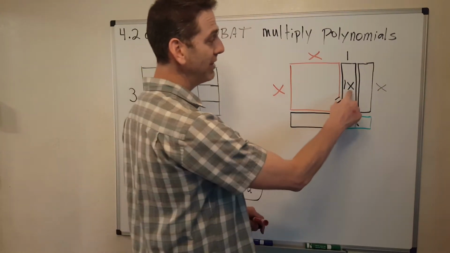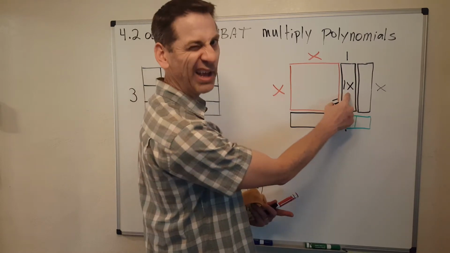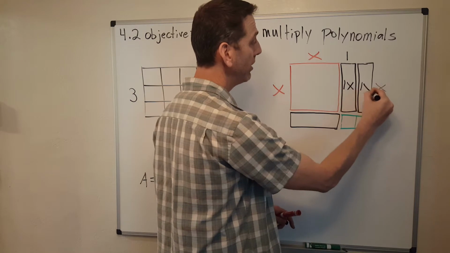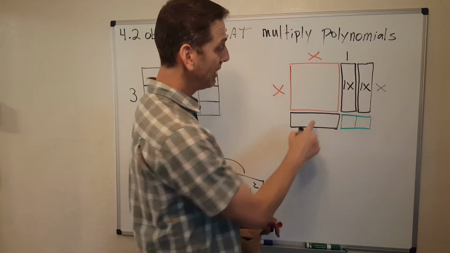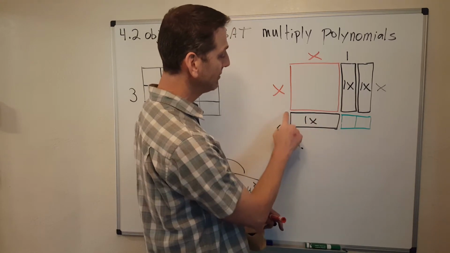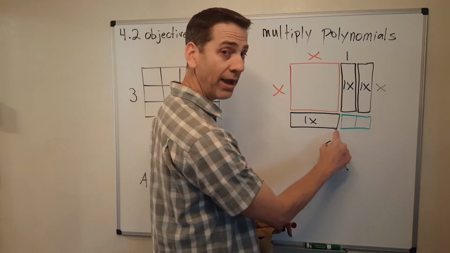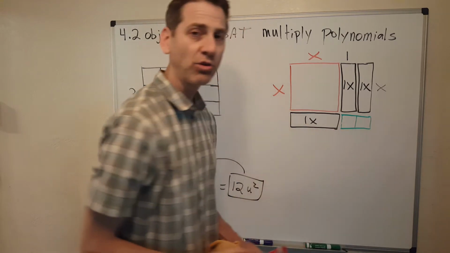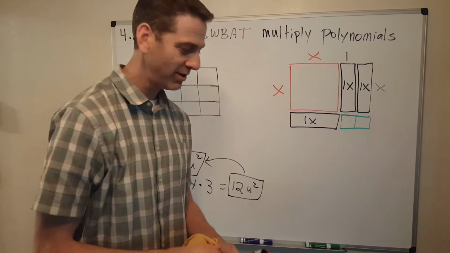Now, if this has an area of 1x, or just x, this also has an area of 1x. And this one also has an area of 1x, because it's just simply 1 times x.